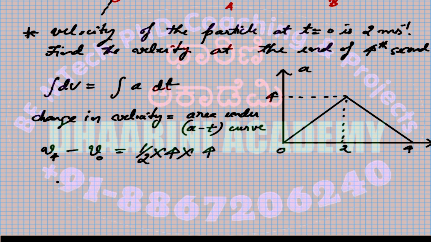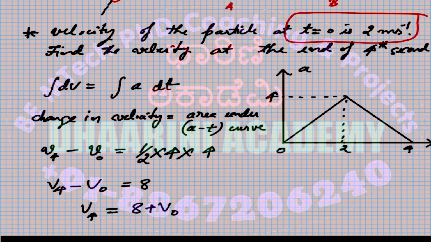So that means v4 minus v0 is equal to 8. If you want to calculate velocity at the end of 4 seconds, that is 8 plus v0. v0 is given. If you see, the particle at t equal to 0 is 2 meters per second, which is v0.